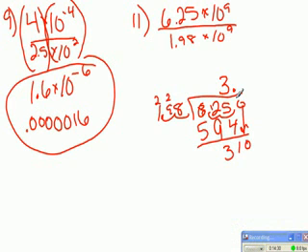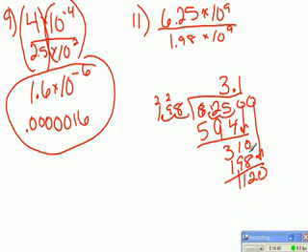Put a 0, bring that down. Should go in once. It's 198. That should be 112. And a 0. And 198 into this should go about 5 times. 5 times 8 is 40. 5 times 9 is 45, plus 4 is 49. 5 times 1 is 5 plus 4 is 9.